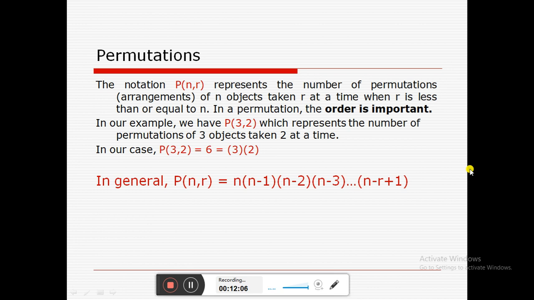In our example, we have P of 3 comma 2, which represents the number of permutations of three objects taken two at a time. In our case, P of 3 comma 2 is 6, that is 3 into 2. In general, the formula is P of n comma r is n into n minus 1, n minus 2, n minus 3, and up to n minus r plus 1.